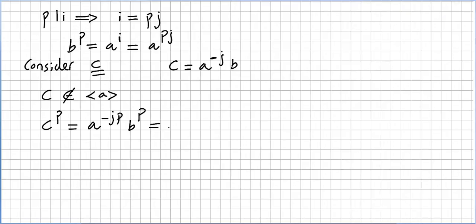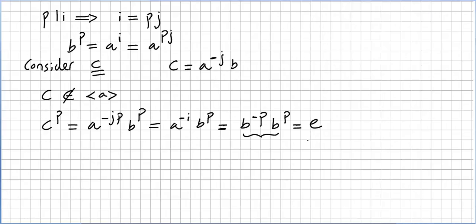So this is equal to A to the power of minus I, that we use there, B to the power of P. Please just check the algebra here. It's really easy. Looks complicated, but it's really easy. B to the power of P, and this is nothing else but the identity.